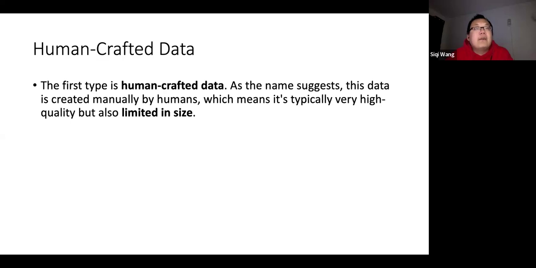Human crafted data provides the most accurate training because every instruction is specifically tailored to be clear and accurate. However, because it is so labor intensive, we don't usually have a large scale of this type of dataset.